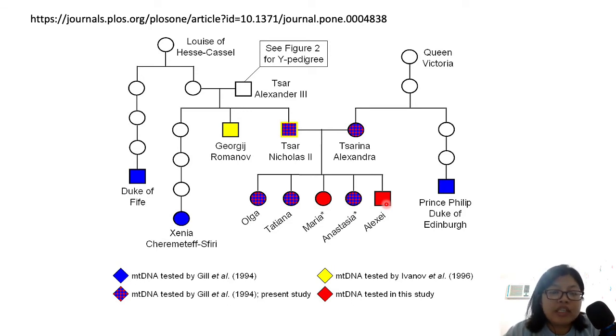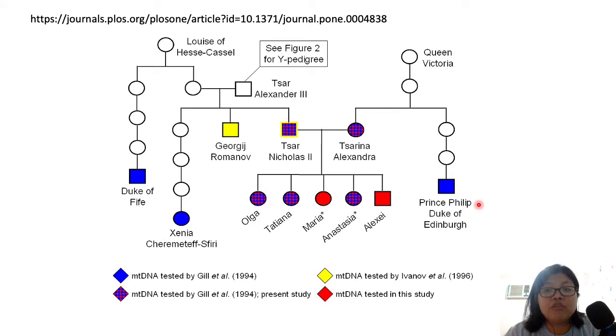Which one is the daughter with Alexei, Maria or Anastasia, cannot be fully identified in this study, because it is very difficult to identify the actual identity without the actual samples from the children. But this study was able to give us the full account of all the Romanov family, regardless of whether they were able to identify which is Maria and Anastasia.